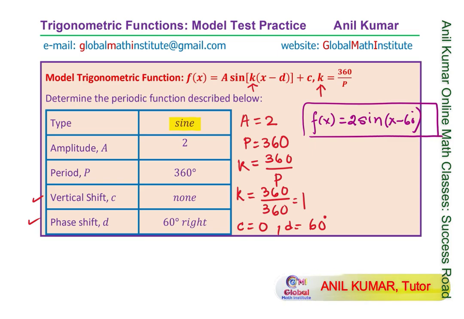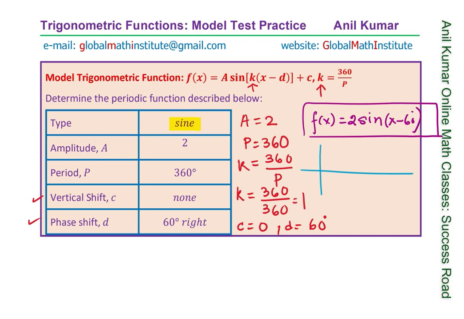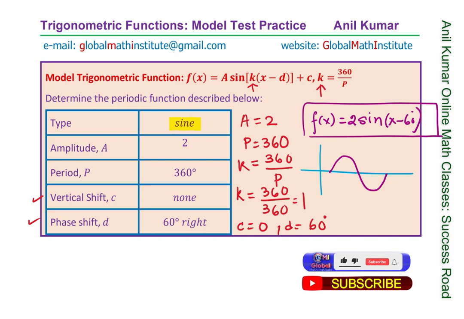Just as an addition, what we can also do is sketch this particular graph of the function and visualize it, right? So let us say this is the axis. Then in general, this sine function could be sketched kind of like this, right? Where the point to begin with is 60, right?